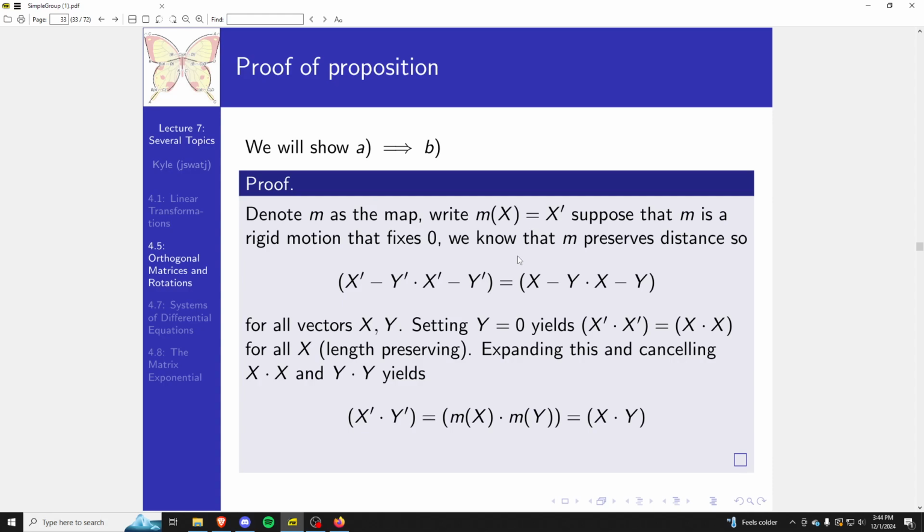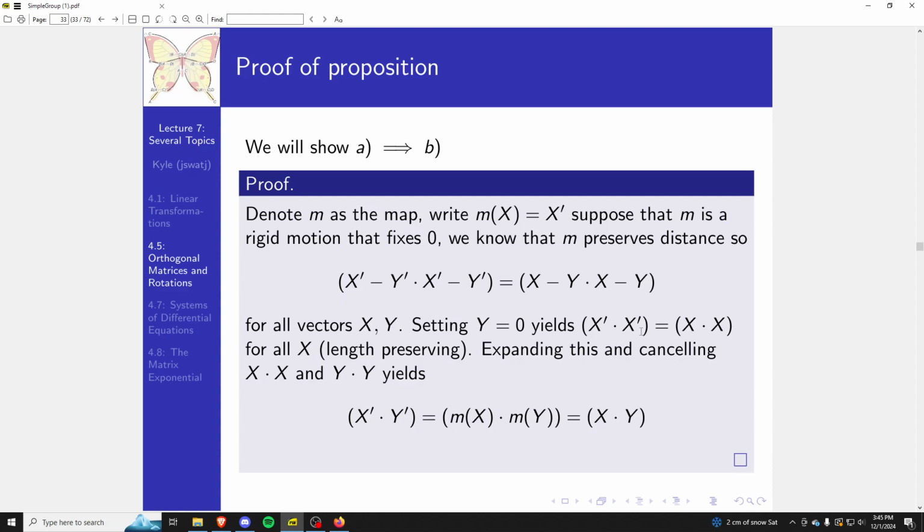So x prime minus y prime dot product with itself will be equal to this expression as well, because these are just the outputs of M of x and M of y. And if we set y equal to 0, because it has to hold for any two column vectors, this yields that M of x dot product with M of x is equal to x times x. So it's length preserving.